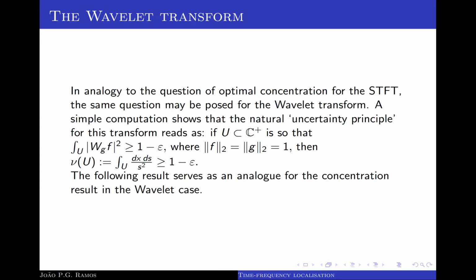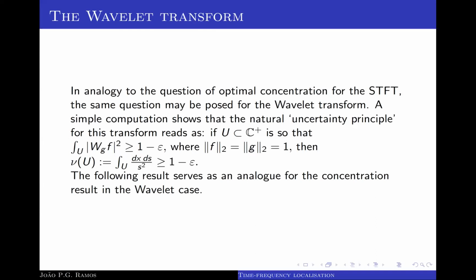If you do the same computations that we did for the short time Fourier transform case for the wavelet case, we're going to get that, if you take a subset U of the upper half space, and suppose that the wavelet transform with window G applied at F concentrates in the L2 sense at least 1 minus epsilon at U, with the L2 norm of F and the L2 norm of G equal to 1, then what we have is that this time not the Euclidean measure, but the hyperbolic measure of U is at least 1 minus epsilon. And we can ask again the same questions.